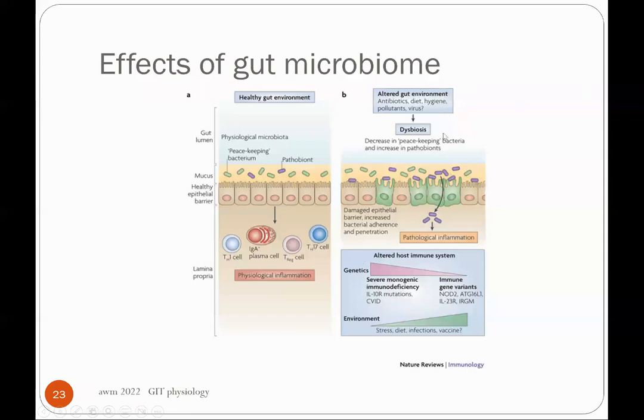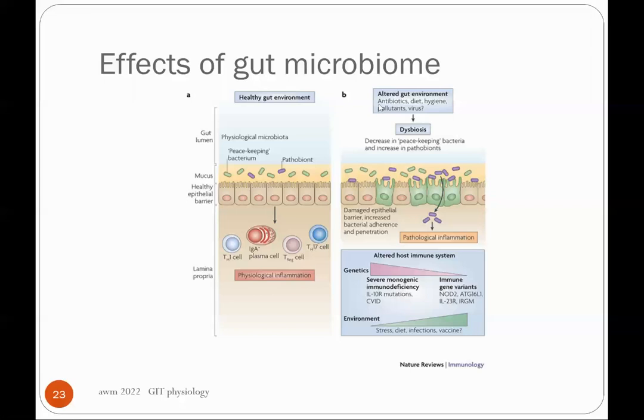However, when you have an altered gut environment, now altered by what? By poor diet, for example, eating a lot of junk food, highly processed food with low or no nutrients, poor hygiene, eating food that is infected, spoiled, whatever. You've taken antibiotics, because when you take antibiotics, they will be absorbed and go into the bloodstream and deal with the invading microorganisms.